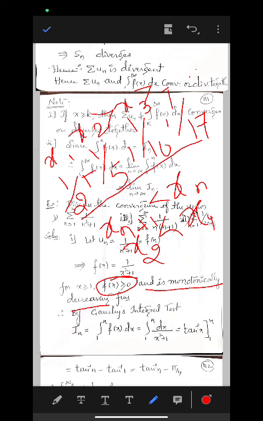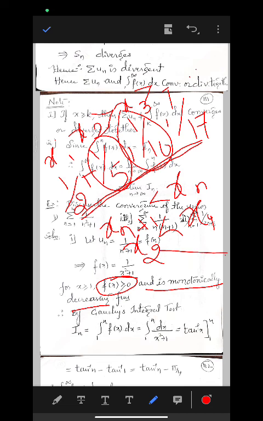Now the first term x1 is 1/2, and 1/2 is bigger than 1/5. Like that, 1/5 is bigger than 1/10, so therefore I can say that this sequence is monotonically decreasing, or that this function is monotonically decreasing.